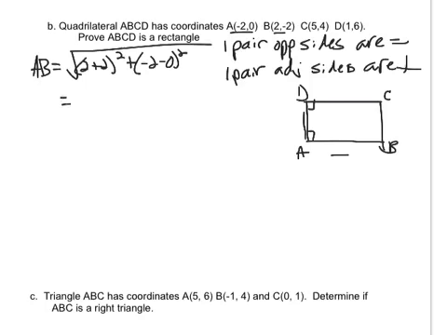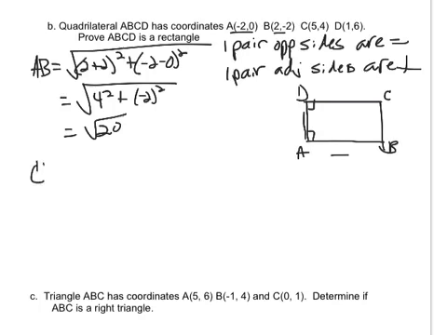So that ends up being 4 squared plus negative 2 squared. That's 16 plus 4, which ends up being radical 20. You don't have to simplify it because we're just showing that they're going to be the same.